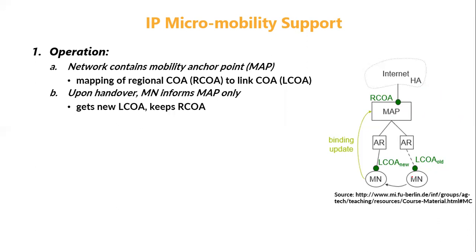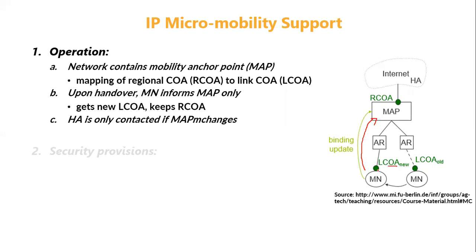So here, whenever the mobile node switches from one access router to another access router, automatically the mobile node will give a binding update to the mobile anchor point, so that the mobile anchor point will know the new COA of the mobile node, right? So this is how IP micro mobility support works.